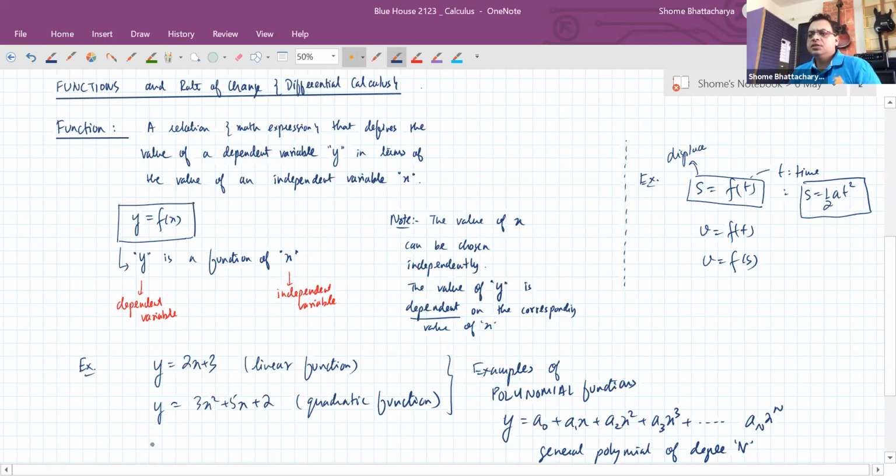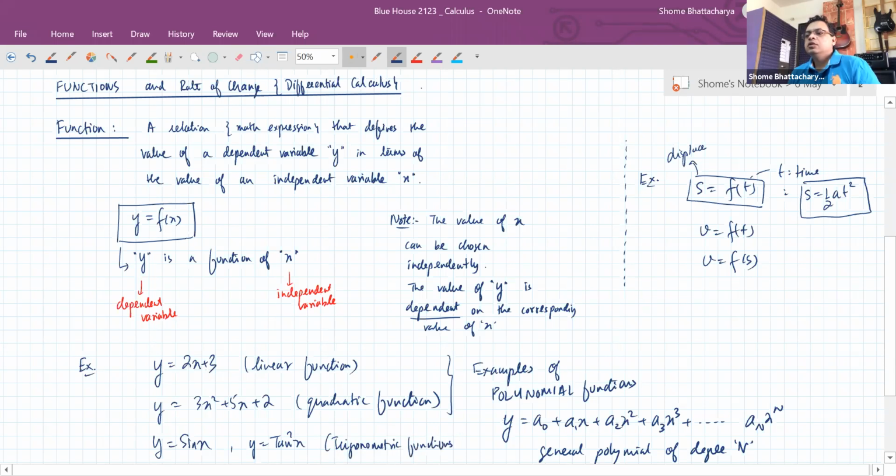Okay. More examples. We were talking about trigonometric functions just a minute ago. So y is equal to sine x is an example of a trigonometric function. Y equal to, let's say, tan square x, or y equal to tan x. All these are examples of trigonometric functions. They are in the category of trigonometric functions.